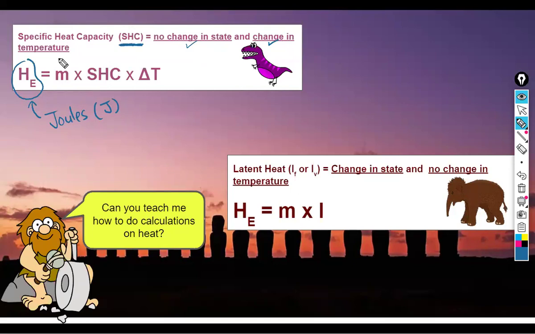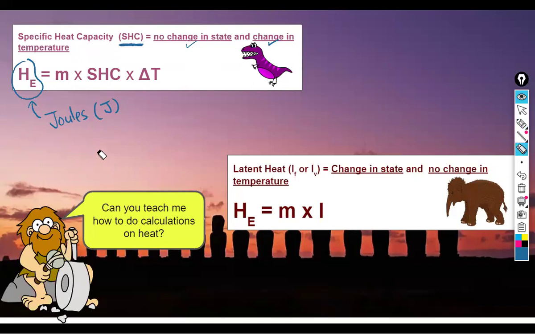If it's a solid at the beginning of the question and at the end of the question it's still a solid, then that's a specific heat capacity question, meaning that there's no change in state. So if you have a liquid at the beginning of a question and at the end of the question it's still a liquid, then we will be using this formula.